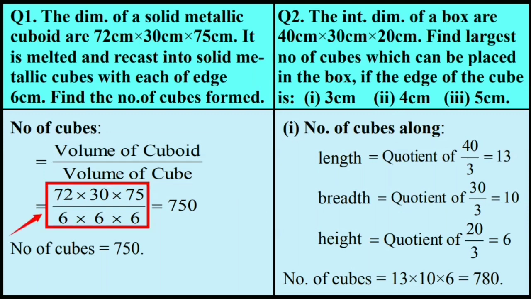The expression obtained for the number of cubes formed is 72 multiplied by 30 multiplied by 75, where 72, 30 and 75 are the length, breadth and height of the cuboid, and 6 multiplied 3 times is the edge of the cube.